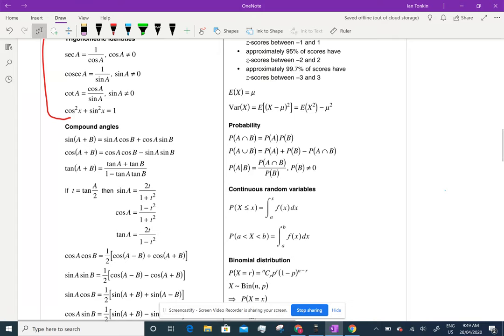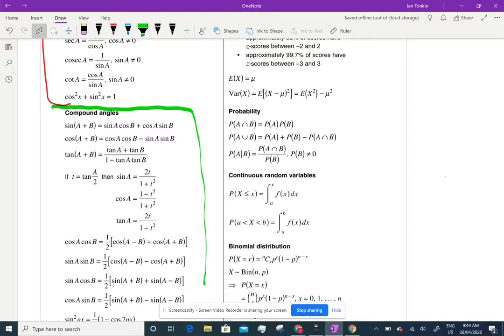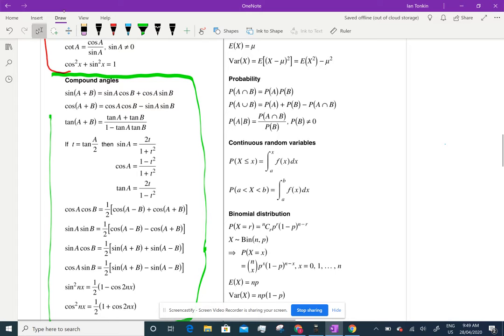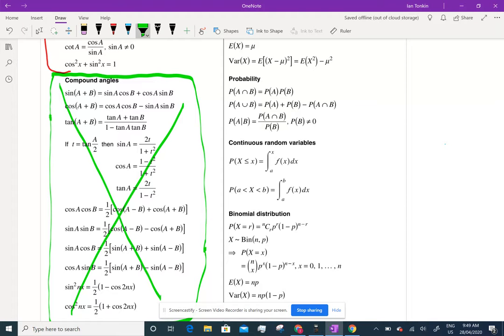This bit here, all this bit, and Mr. Palmer in his video talks about this, all of this is extension 1. You do not need it. All of that bit. You can cross it out, or you can just write extension 1. It's stuff that you don't need to know as an advanced student.